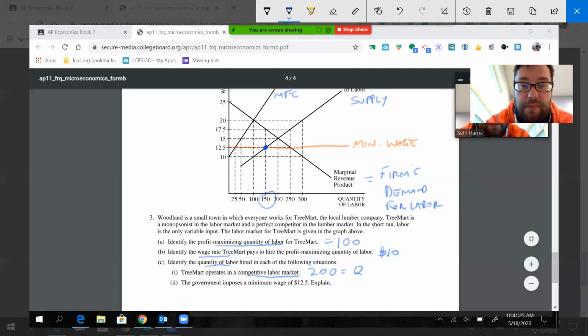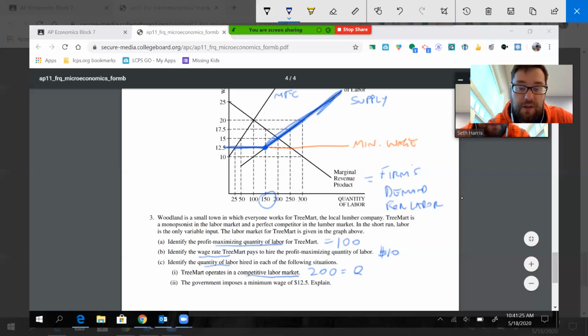The best way to think about this is the supply curve of labor is no longer down here. According to the government, the minimum wage here is going to be $12.50. This part here is below $12.50, so think about it as a kinked supply curve of labor going this way, if that makes sense.